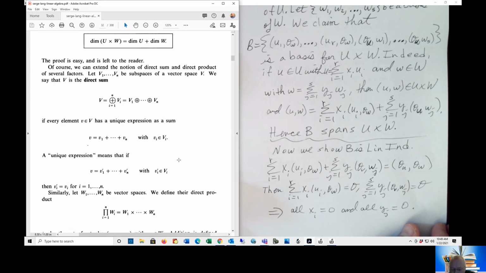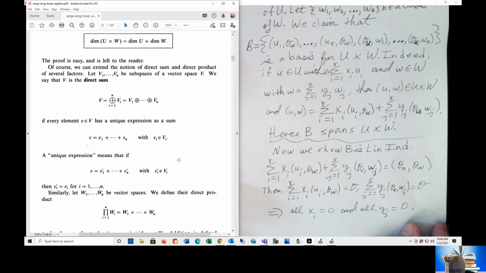So take the linear combinations and set it equal to the zero vector. The zero vector in the direct product is the ordered pair (0, 0), where the first component is the zero vector in U, and the second component is the zero vector in W. Okay?